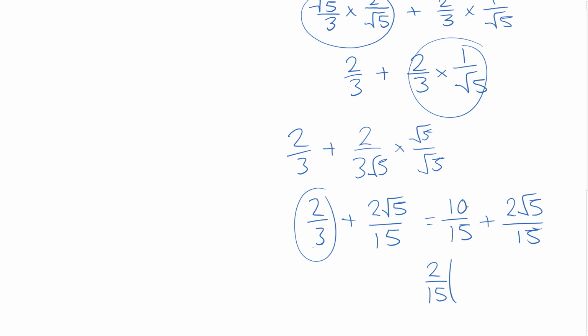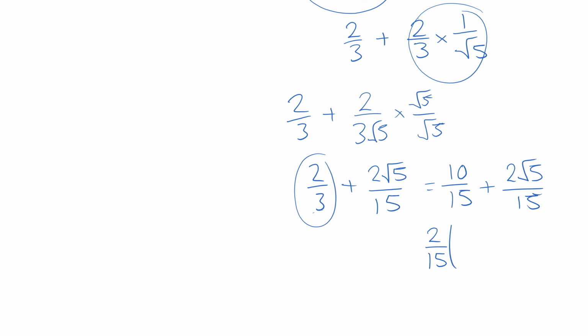So I've taken 2/15 out of this one, and I've taken 2/15 out of this one, which is going to leave me with the 5 here. It's 5 times 2/15 will give me 10/15. And in this case, I've taken the 2 out, so I've been left with root 5. So our value of k is in fact 5. And then that question is now complete.